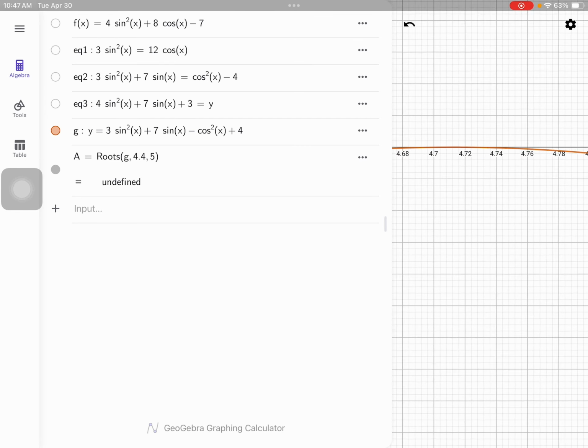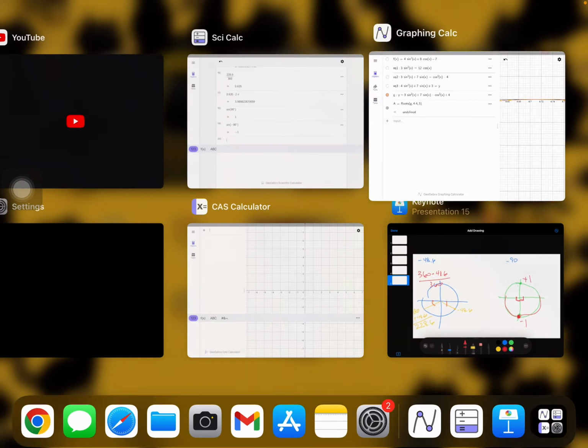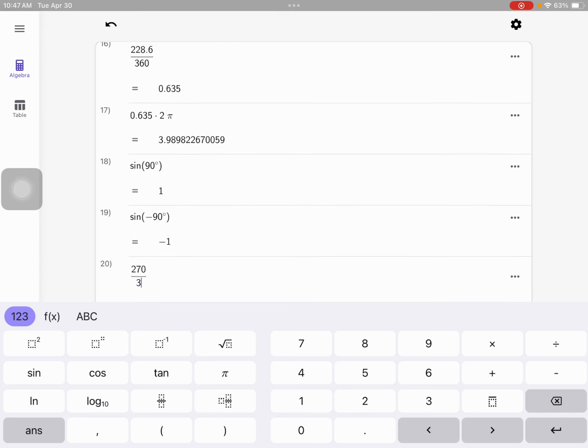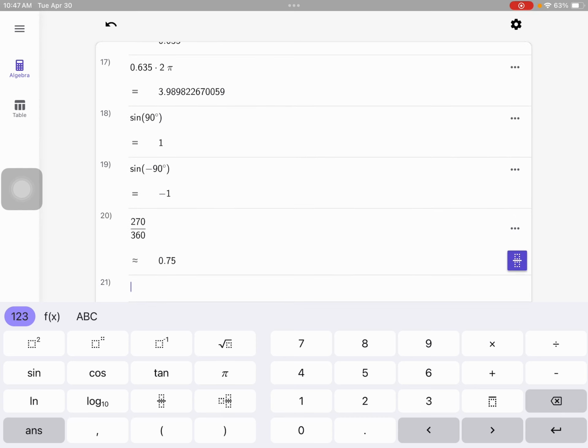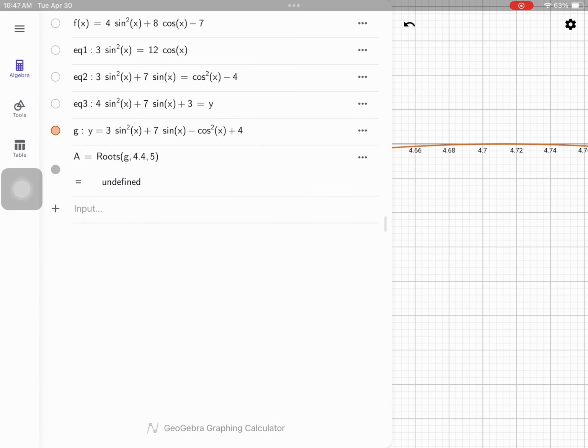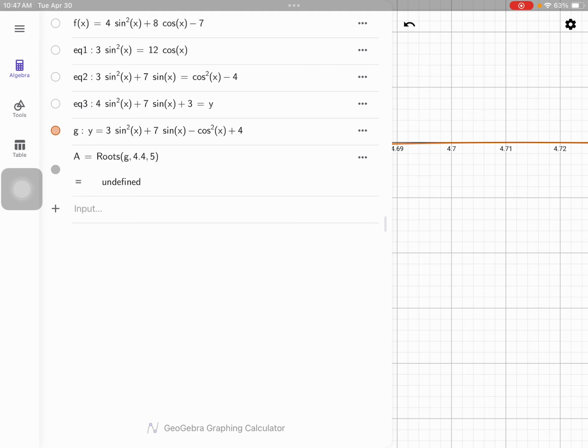But we can see, let's look at 90. Negative 90 is going to be 270 degrees. 270 divided by 360 is 0.75. 0.75 times 2 pi is 4.71. And in fact, that is that value right there, is it not? 4.71.